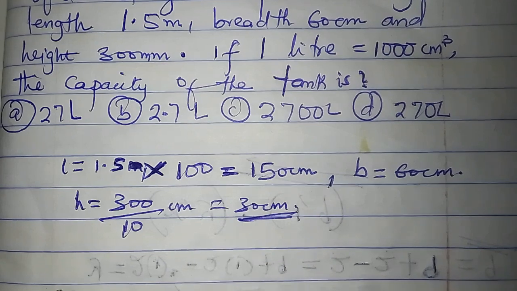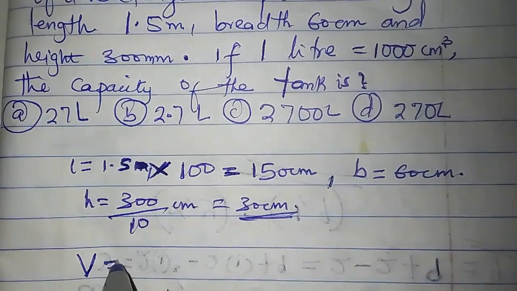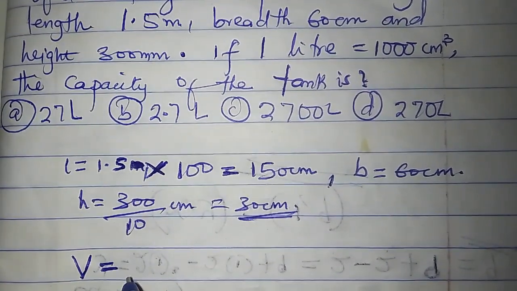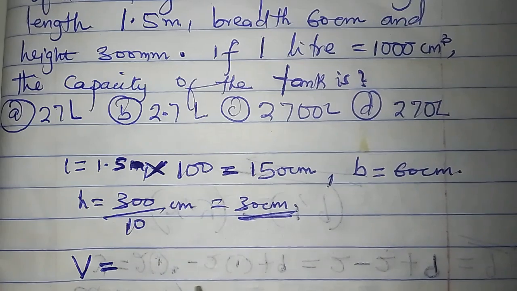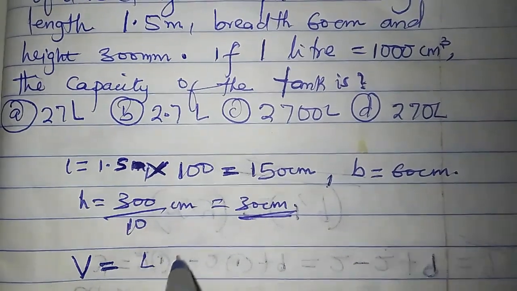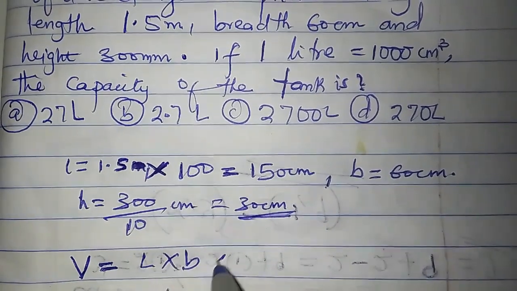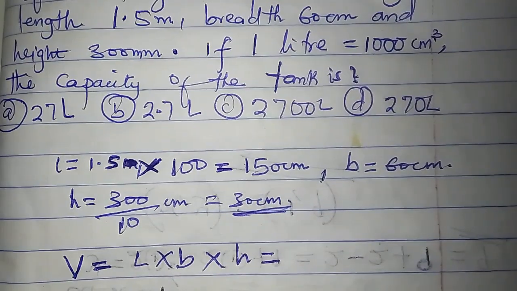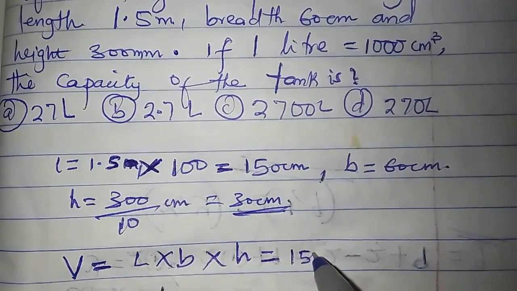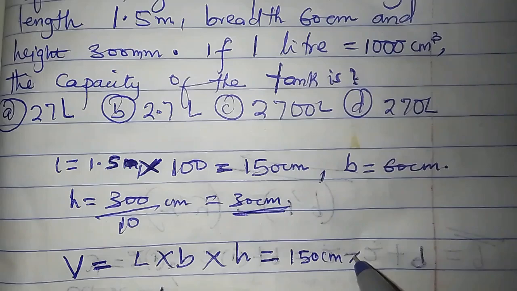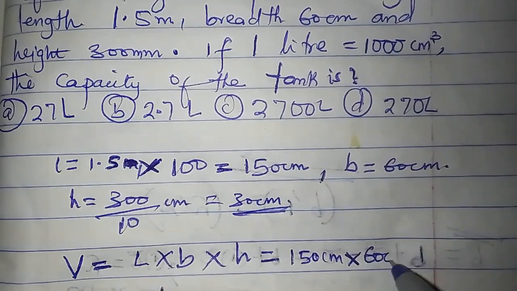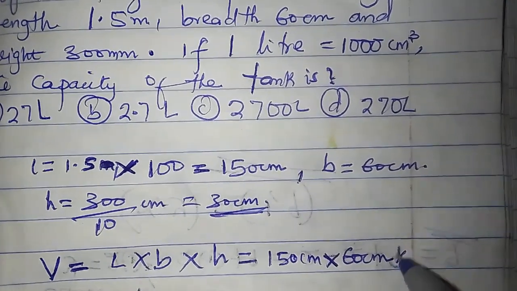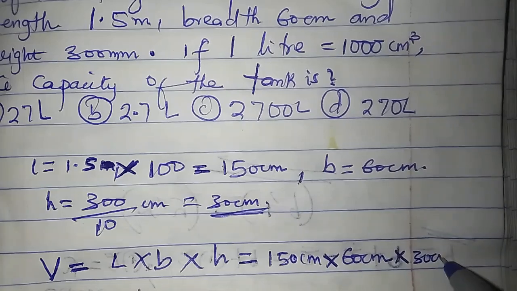So the volume is equal to the area of the rectangular face, length times breadth, then times the height. The length is 150 centimeters. The breadth is 60 centimeters. The height is 30 centimeters.